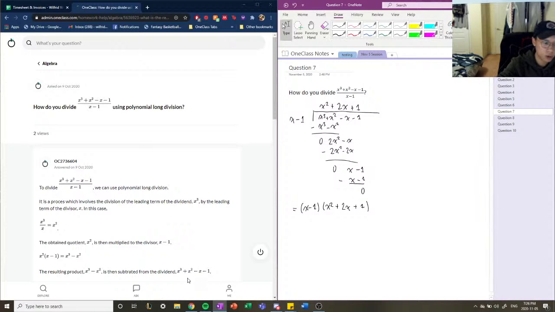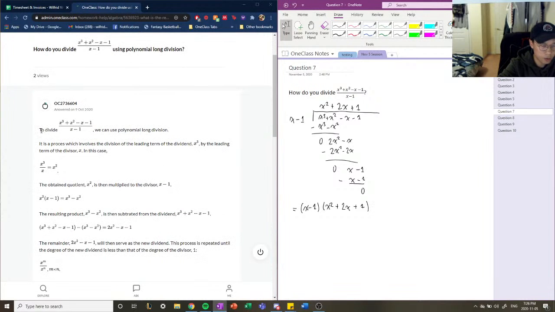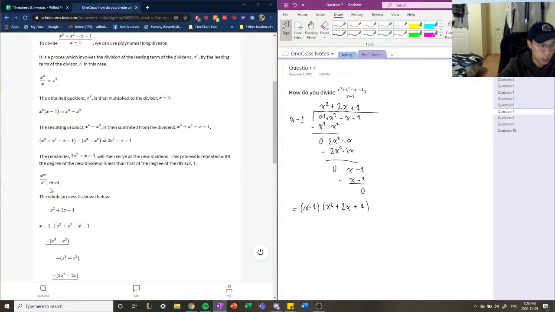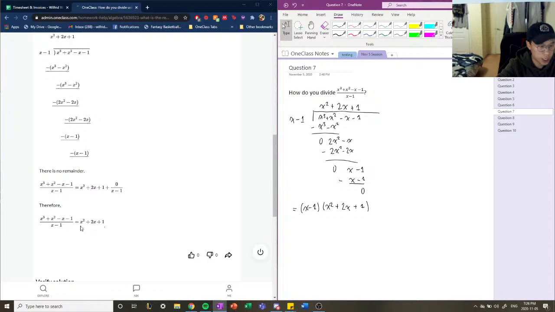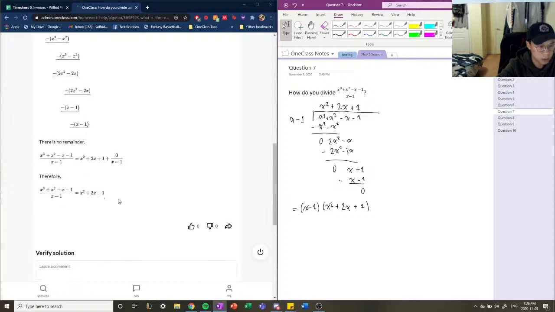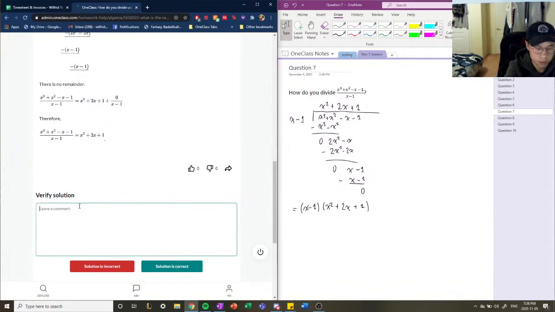Okay, cool. So they went through the process of long division, which involves dividing the leading term of the dividend, x cubed, by the leading term of the divisor. So they show the process, and we get x squared plus 2x plus 1, and this is a good solution. Let me clarify the solution here.